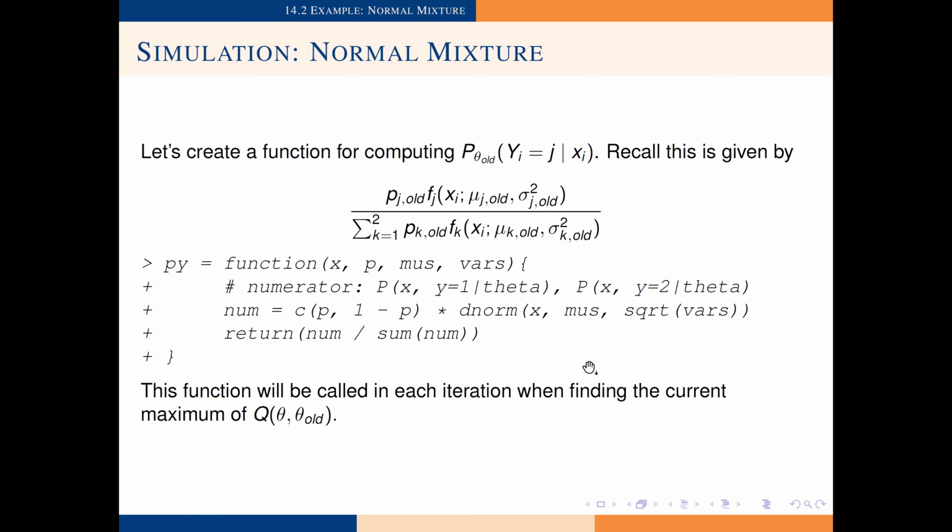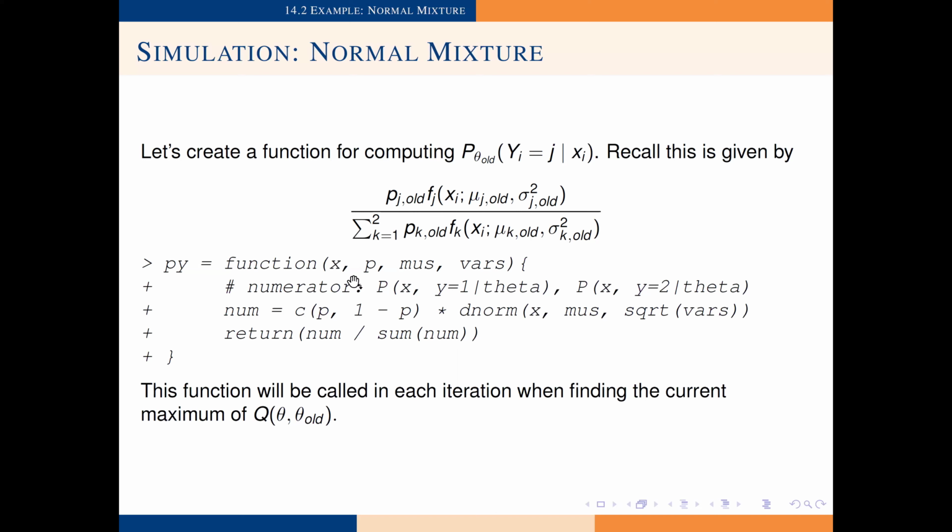Let's recall that this is given by this fraction over here, right? If you want the probability that it stems from group 1, on top you will have the P old times the F1, the first density, where you plug in the xi and use the mu1 and sigma square 1 from the last iteration. The denominator essentially sums over the two possible classes the thing that comes in on the numerator.